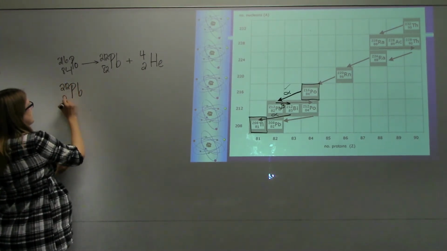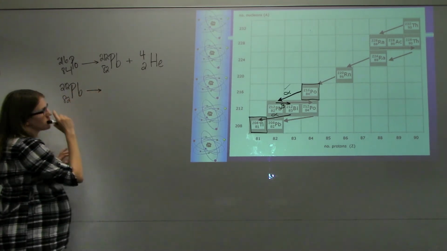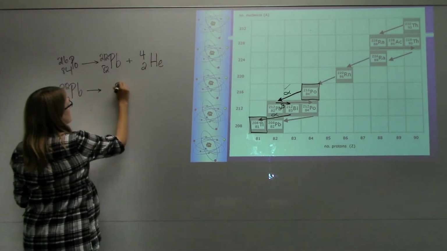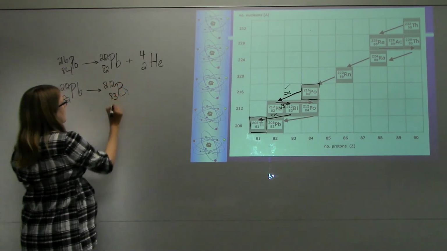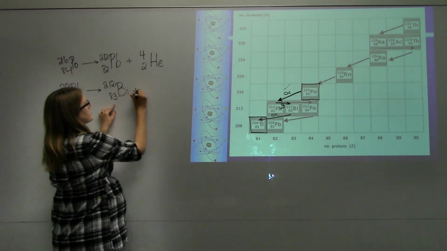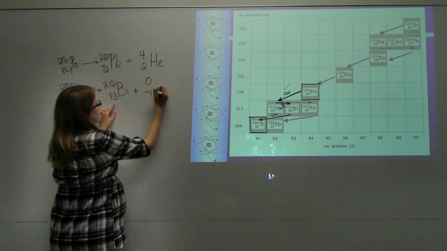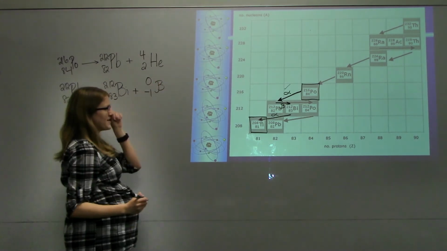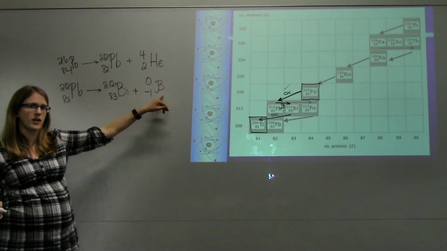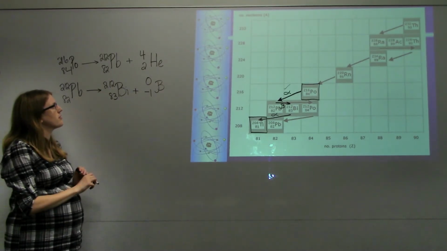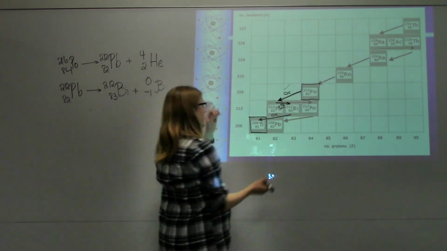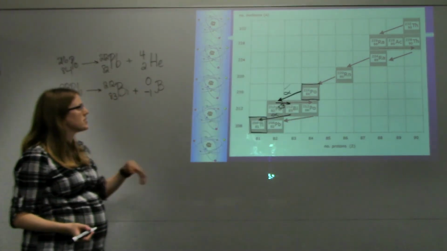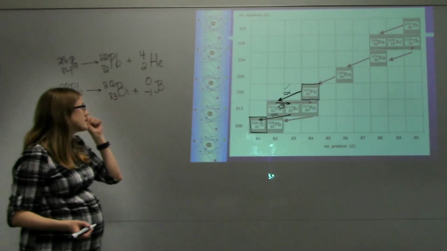Lead-212, 82, is going to turn into bismuth-212, 83. Now we look here, we're going to need a 0 on top, -1 on the bottom. There's that beta decay. Again, you can write the little lowercase e here to represent electron as well if you'd rather. So, check, 2 down. Now we've got to turn bismuth-212 into thallium-208.